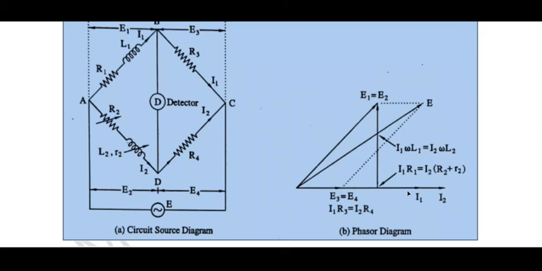Okay, so you can see that the current flowing in each arm is represented over here as I1 and I2, but I told you that यहाँ पे आप I3 and I4 भी consider कर सकते हैं.